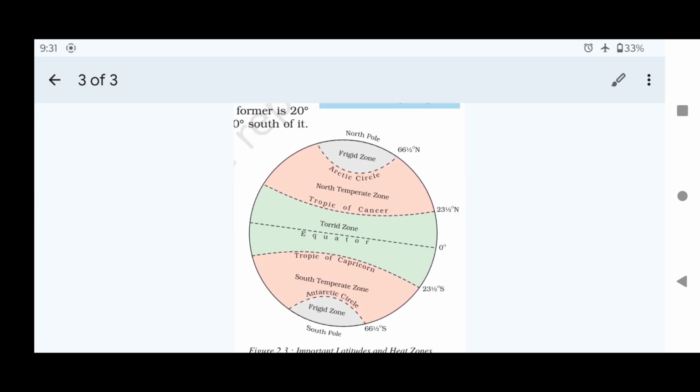This is the North Pole frigid zone, South Pole frigid zone. This is called the South temperate zone. This is the equator, and the green part is the torrid zone, and this is the North temperate zone.